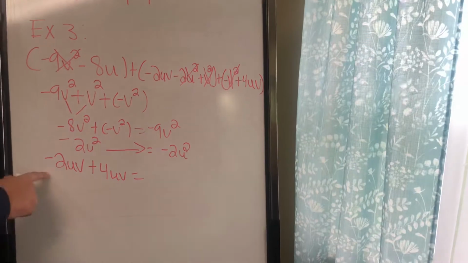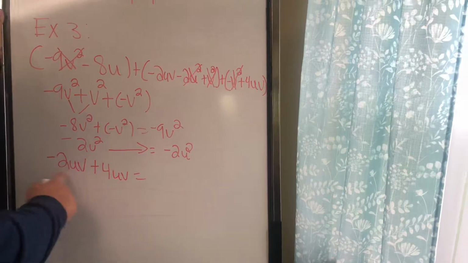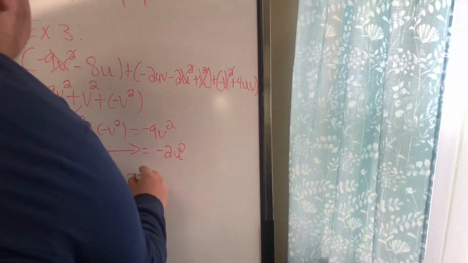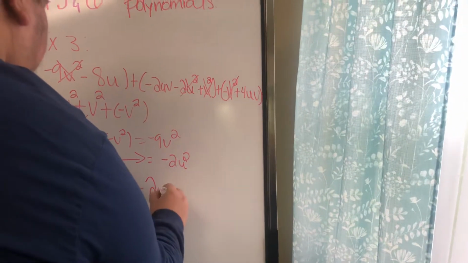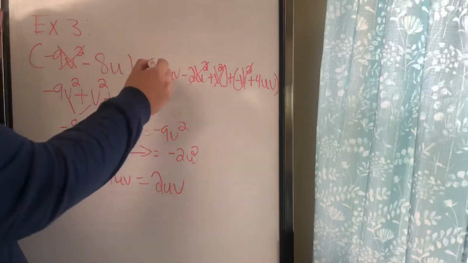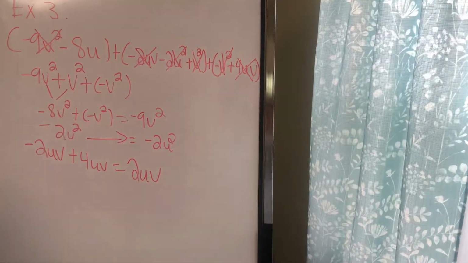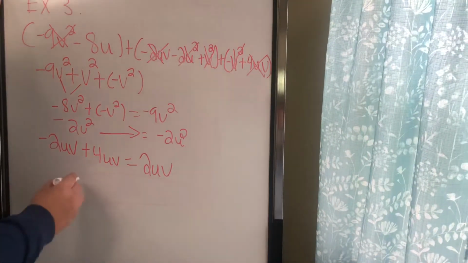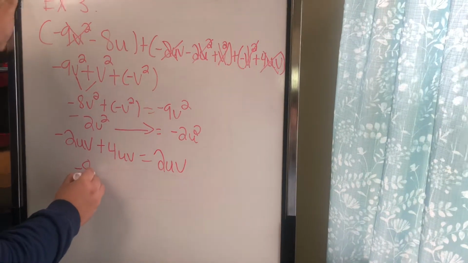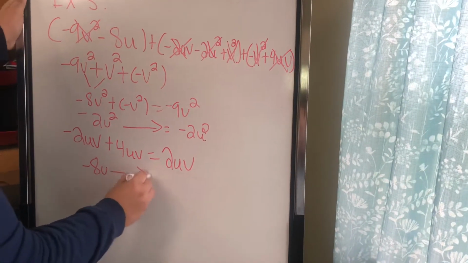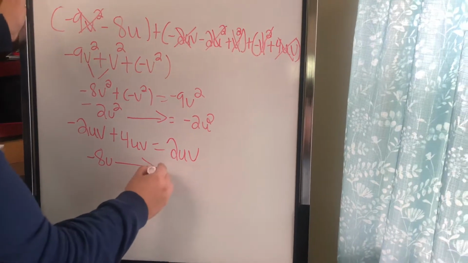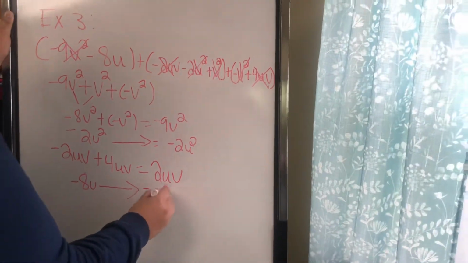So if we combine them, negative 2 plus 4 is just like saying 4 minus 2, which will be 2uv. That completes this. All you have left is negative 8u. So I'm going to write negative 8u. It immediately goes towards my answer, which will equal negative 8u.